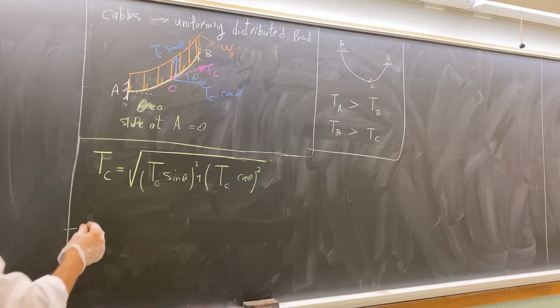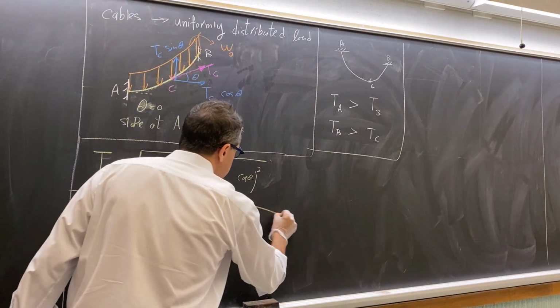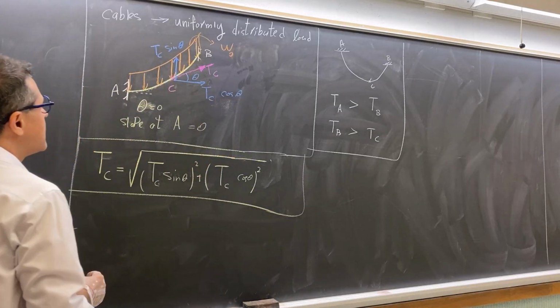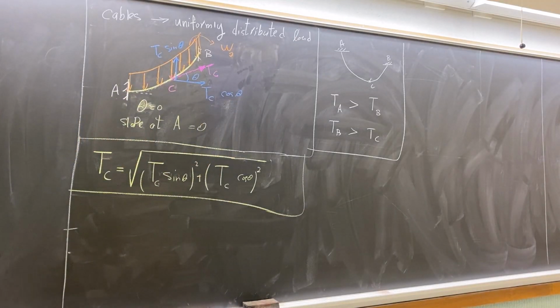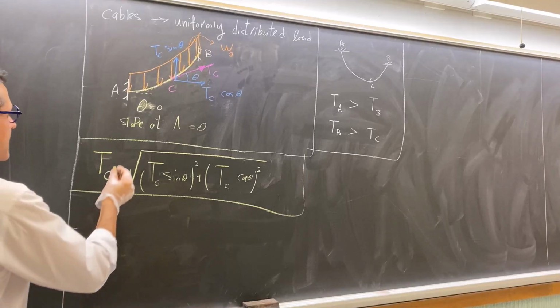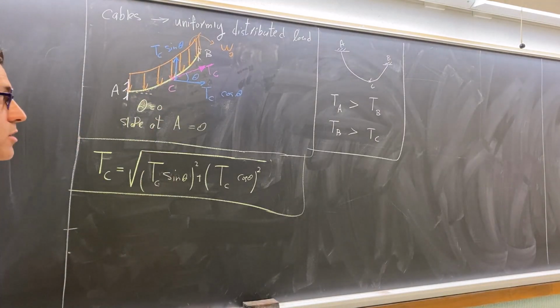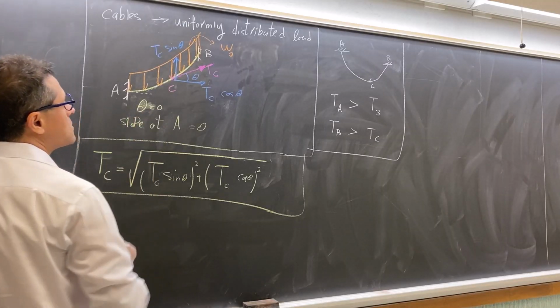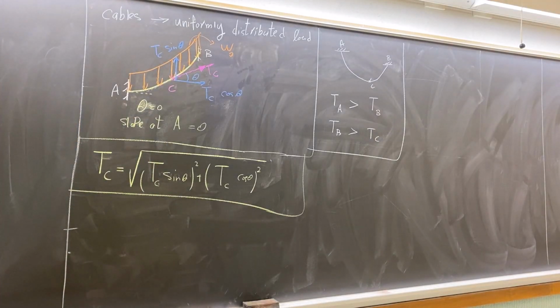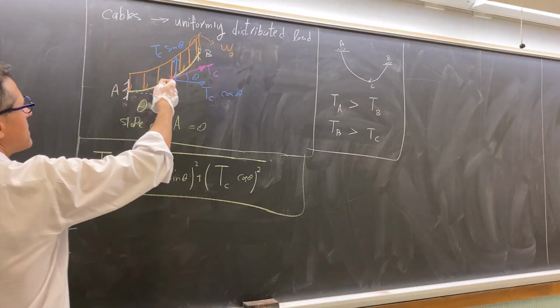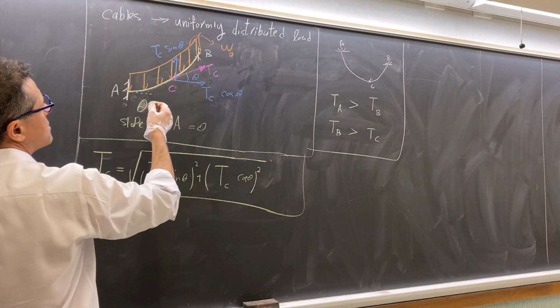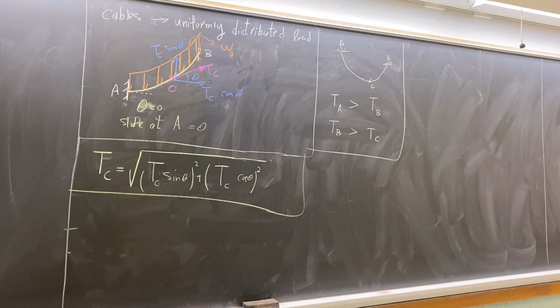Look at point A. At point A, if you draw a horizontal line, basically TC is just a horizontal vector because theta is 0. So we don't have the vertical component of TC.